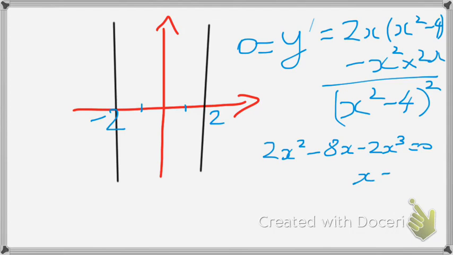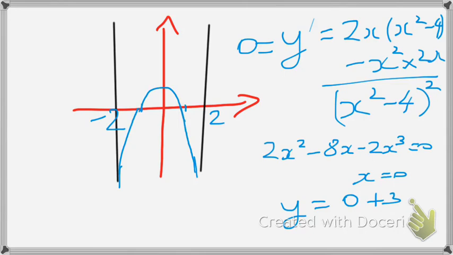So I get x equals 0 is my only stationary point, and I can see by looking at the limits here and here that it must be a maximum, right? Because I have to go up through the root there, and I have to come back down through the one on the other side. And it's just a matter of seeing what value it takes. So y equals 0 plus 3 at that point. So there's my value of 3.